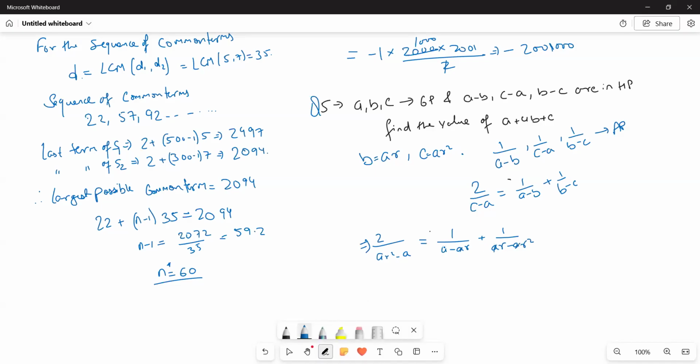A तो सब जगह से कॉमन आके कैंसिल हो गया. And then simplify it, this would be 2 by R plus 1 into R minus 1 is 1 by 1 minus R plus 1 by R into 1 minus R.